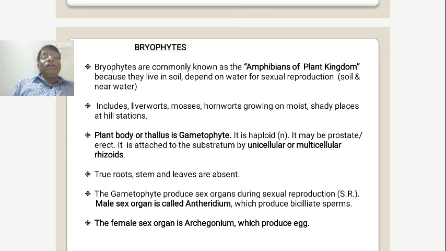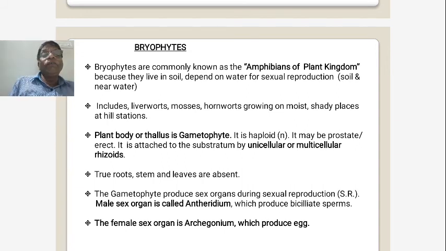These unicellular or multicellular rhizoids help in attachment of thallus to the soil. What is the function of rhizoids? Fixation and also absorption of water and minerals from the soil.